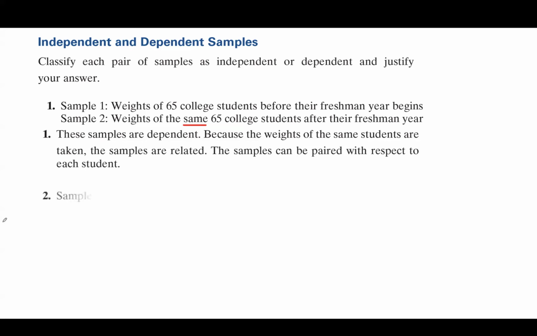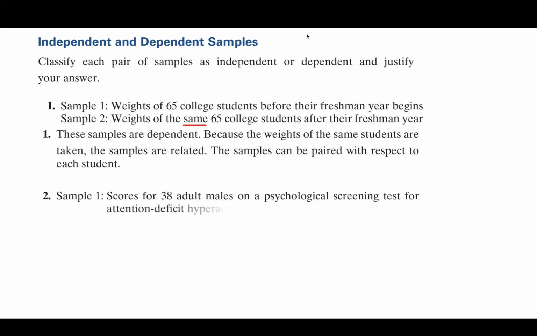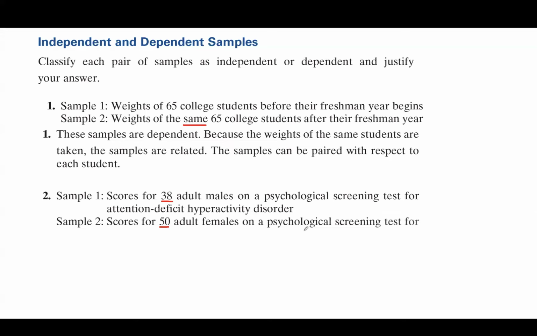Another example for you. Now, suppose we have sample 1, including scores for 38 adult males on a psychological screening test for attention deficit hyperactivity disorder. The second sample is the scores for 50 adult females on the same screening test.